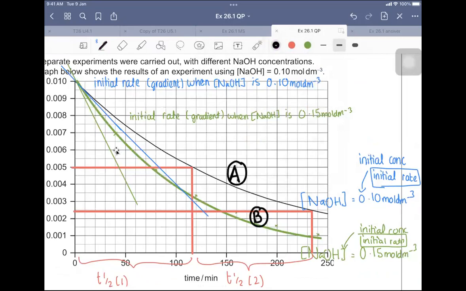Since experiment A is given to us already, I will stick with experiment A. At least we know that the graph is, we will get a more accurate value. There's nothing wrong with experiment B. It's just that if you don't trust your best fit line or best fit curve, then don't use B, use A. So we're going to use all the information from A.